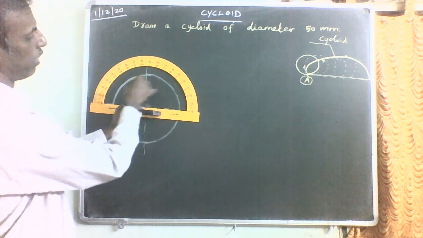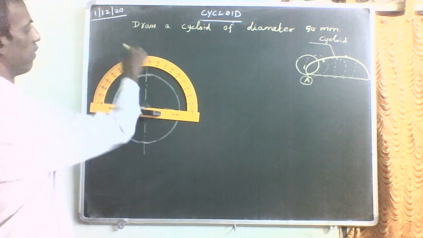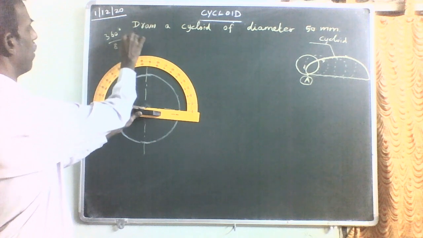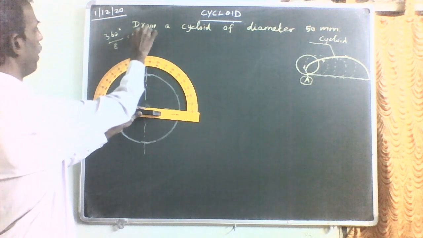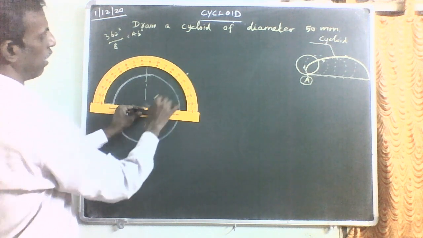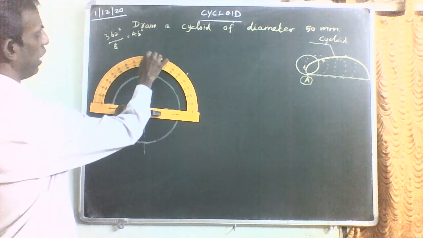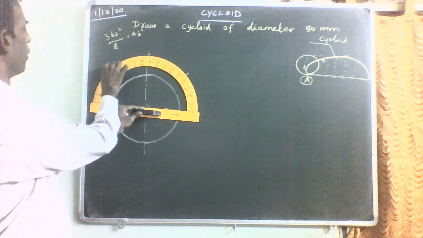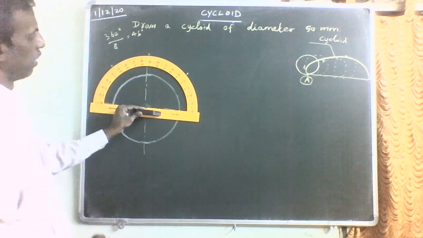So, when you divide the circle into 8 equal parts, 360 degree divided by 8 will be equal to 45 degree. So, mark 45 degree, then 90 degree. So, here 0 is available. So, mark 45 degree. Okay.